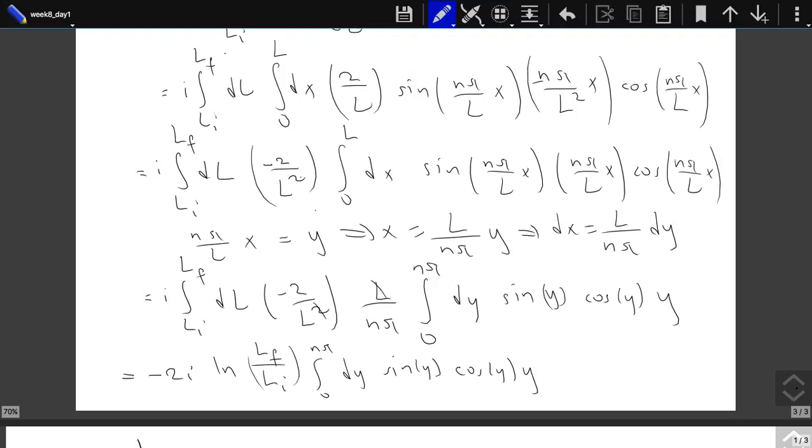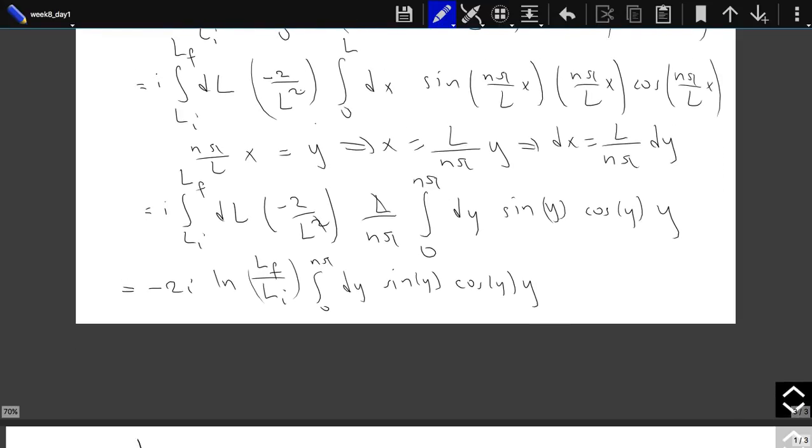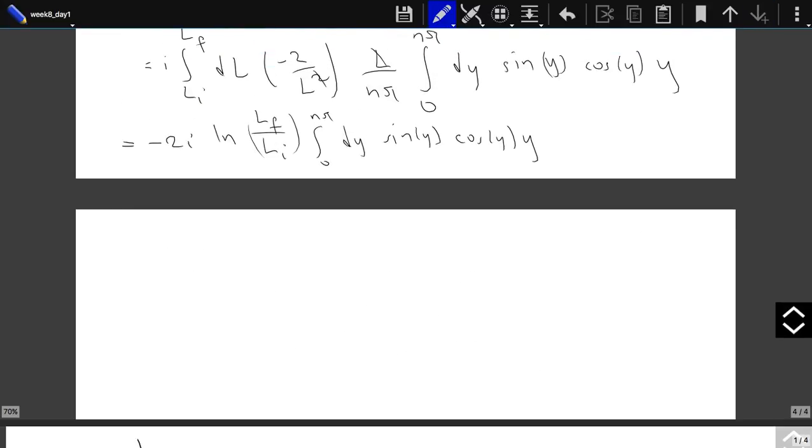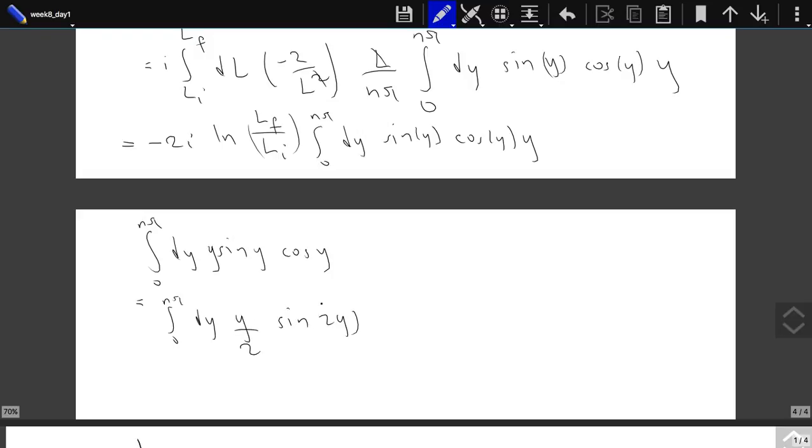Now let's continue. Let's evaluate this integral, the integral of dy sine y cosine y times y. This is the integral we would like to calculate. This will be equal to the integral from 0 to n pi dy of y over 2 times sine of 2y.